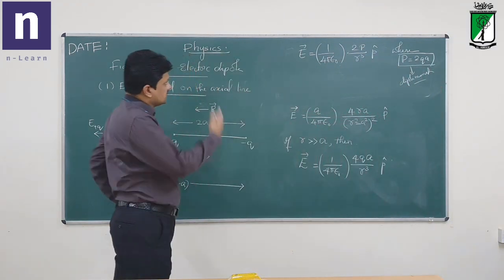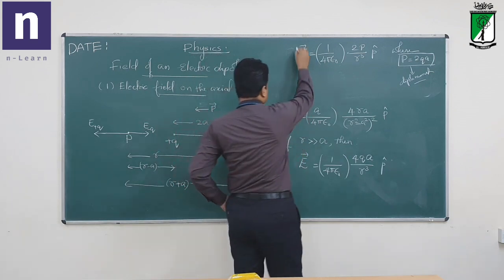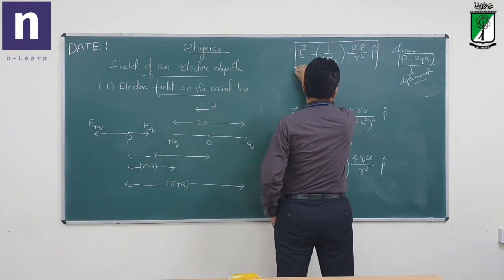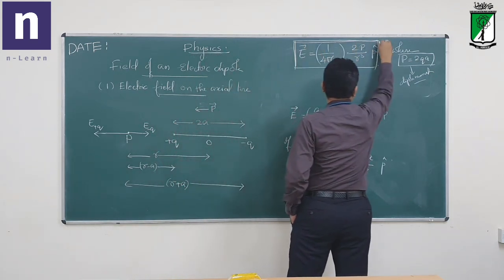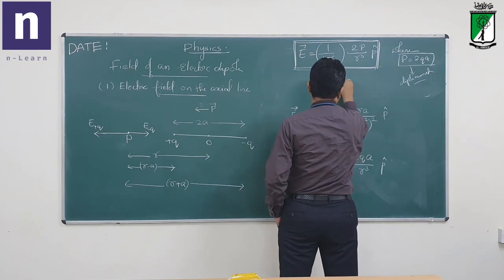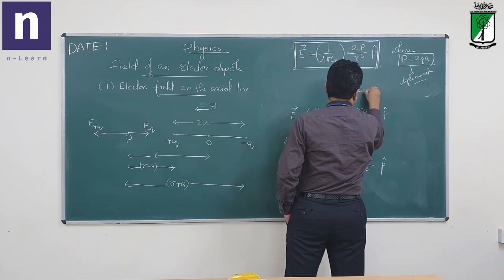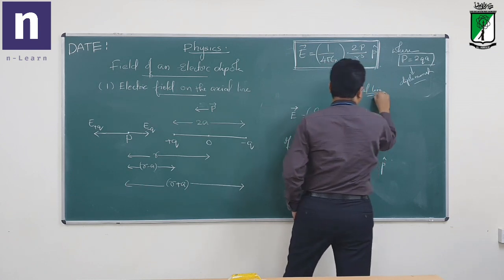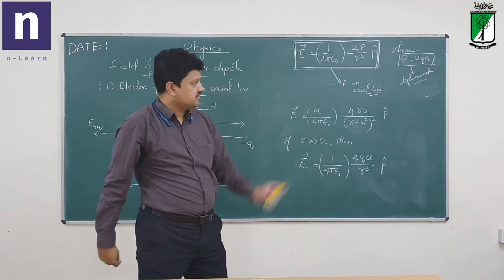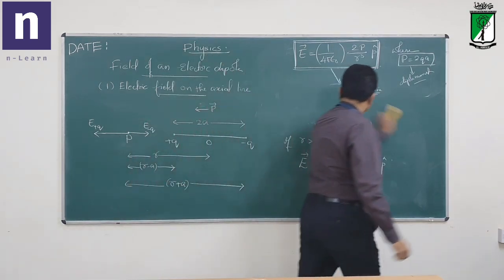So that's the electric field of an electric dipole, E on the axial line. So the electric field of a dipole on the axial line.